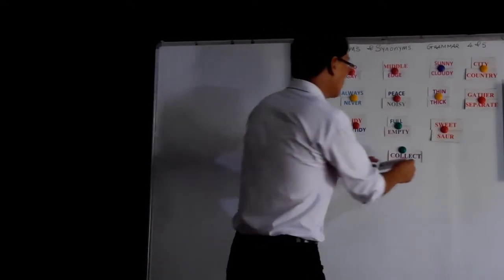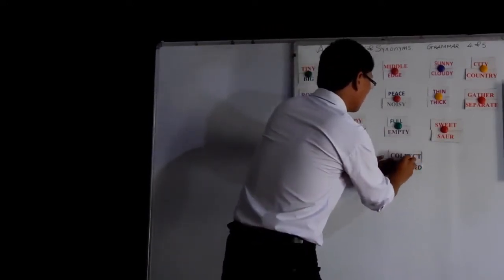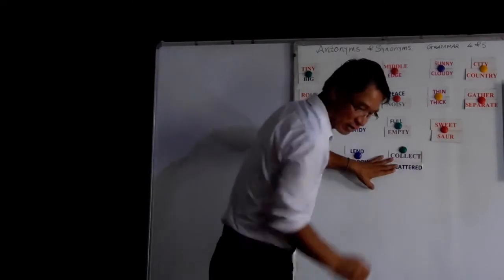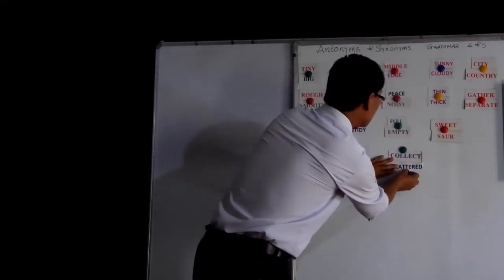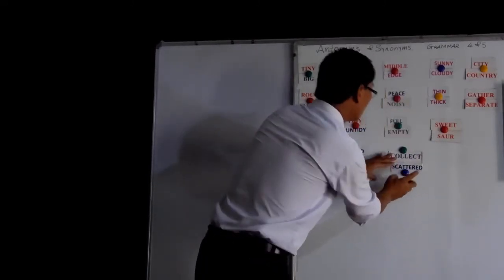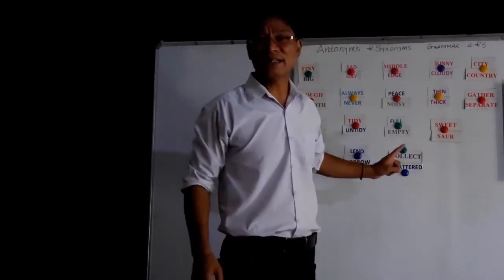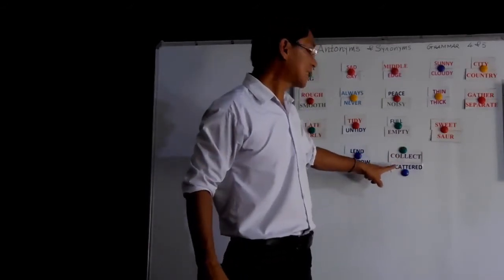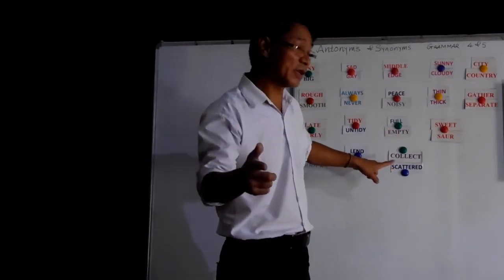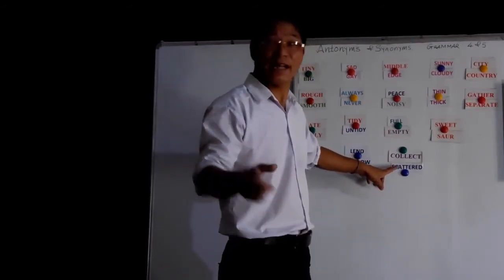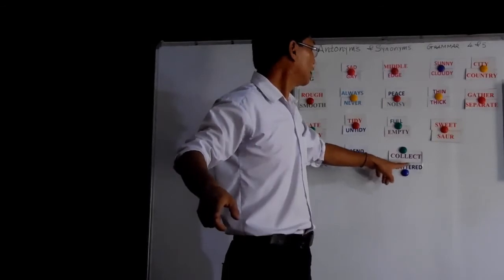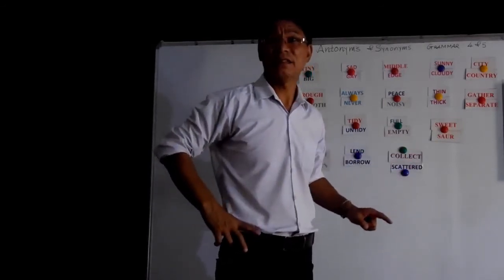Next one could be scatter. Please make sure about the spelling. Okay, good. So collect, C-O-L-L-E-C-T, collect, and scatter. Pronounce the word correctly. S-C-A-T-T-E-R-E-D, scattered.